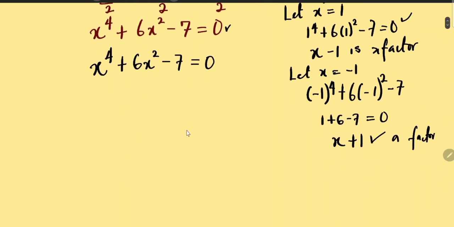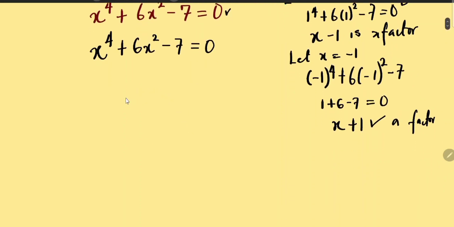Let's engage ourselves in using our long division method. Remember our long division method in polynomials, where we should put our p of x here. Then let's write this polynomial in order, that is, in decreasing power of x.